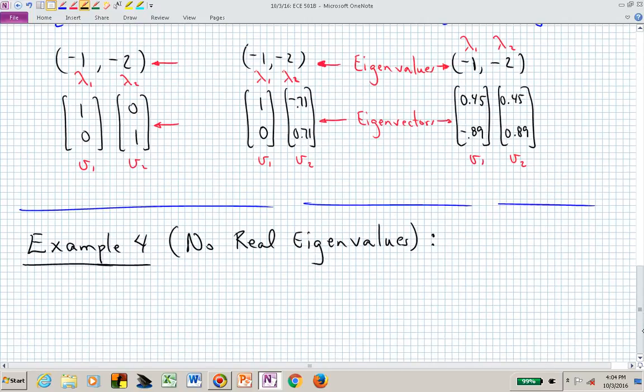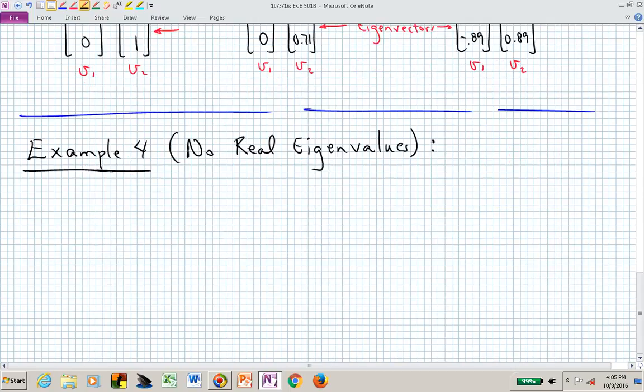What we want to do today, to start with, is our 4th example, and this example is illustrating the fact that we can start with a matrix, a 2 by 2 matrix with real elements, but yet it does not have real eigenvalues. Let's say now that we have C for complex, but it's not complex in terms of its entries in the 4 elements of this 2 by 2 matrix.